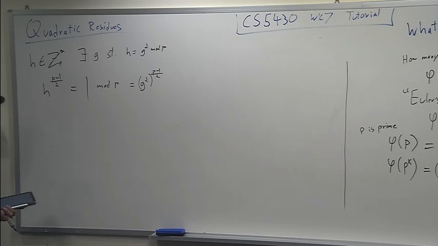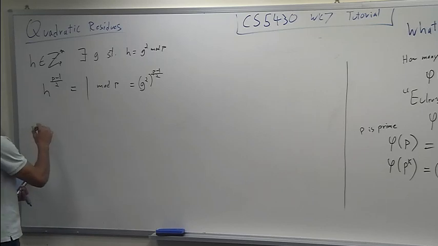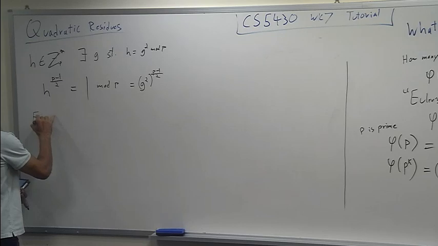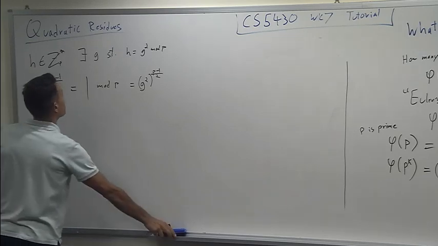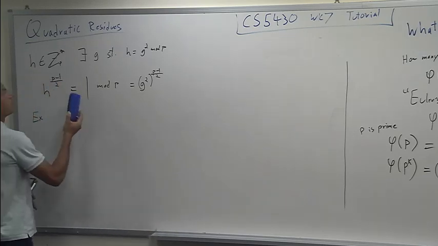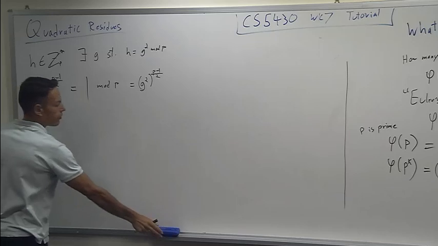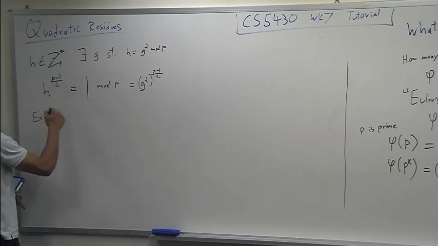What follows from this? We can use so many different pieces here. What we get is, so first off, what's the order of our group again? Z_p star, we have p minus 1, right?